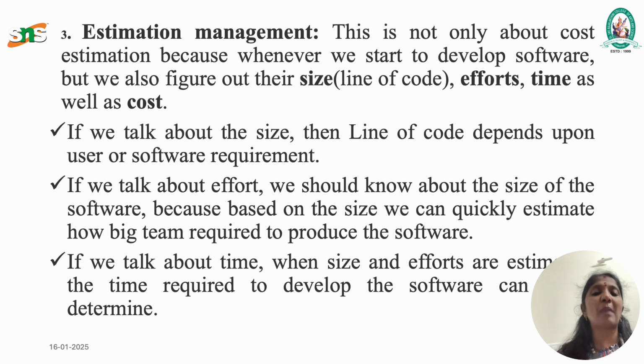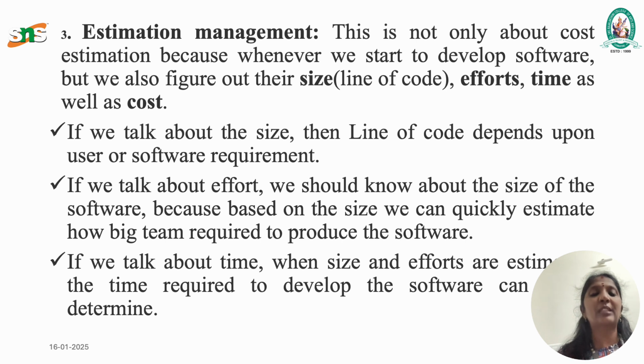Third one, estimation management. Here we are not talking only about cost. Here we are talking about the size, effort, time, then cost. What do you mean by size? How many lines the code consists of? That also matters. When we are talking about the size of the project, we come to know how many people we need to do that.